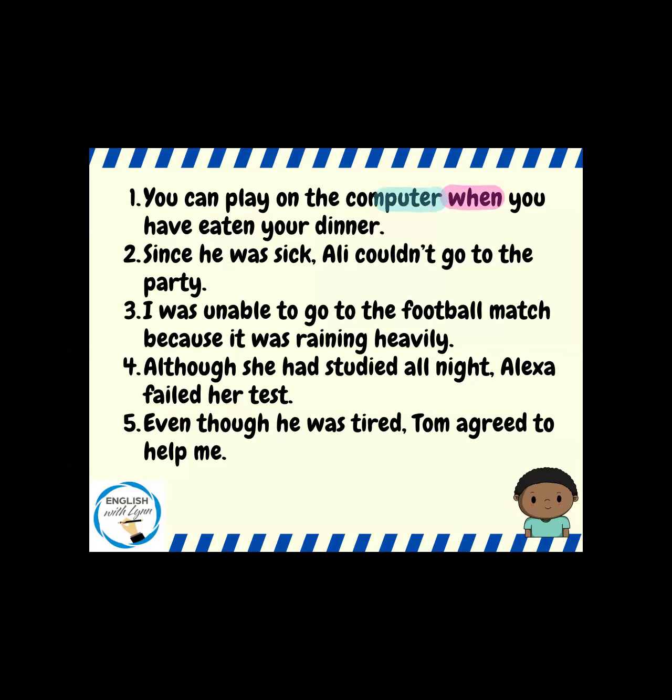This part here is your main clause. You can play on the computer. The bit that begins with the when is the start of your subordinate clause. So your subordinate clause is in pink. And I'm just going to put a circle around, because this here is our subordinating conjunction.